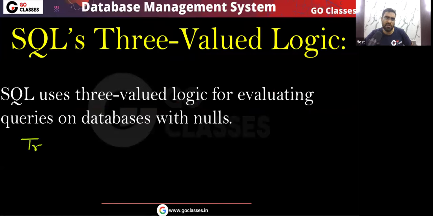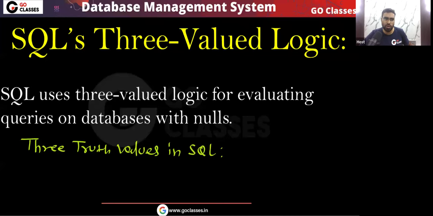What are these three truth values? In SQL, we have three truth values because SQL uses three valued logic, and those are T, comma, F, comma, U.